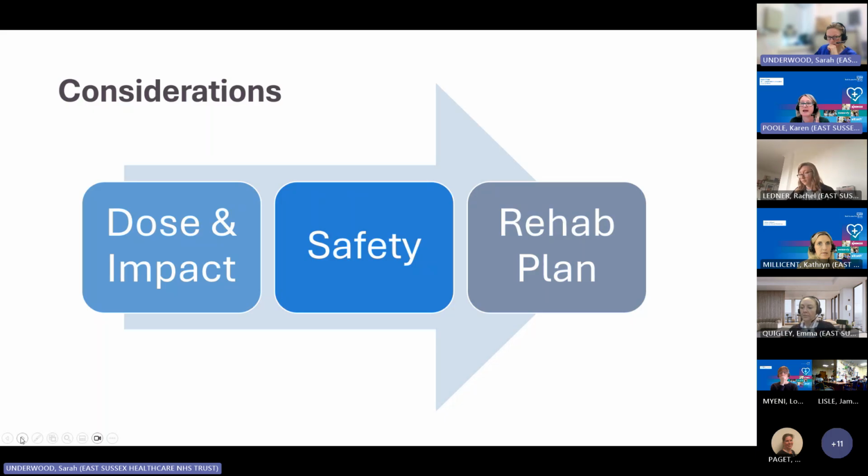We needed to be looking at the top of the dosing in order to be able to have an effect. But actually there is a maximal dose that we can give somebody in one treatment session. And therefore we need to think carefully about how we're spreading that dose, because actually what we don't want to do is risk putting too little into a muscle and actually not having any impact at all.